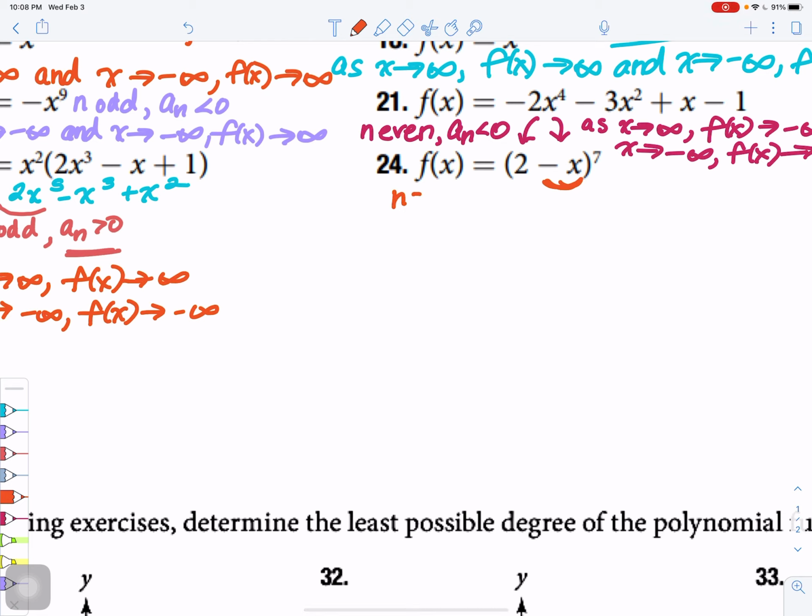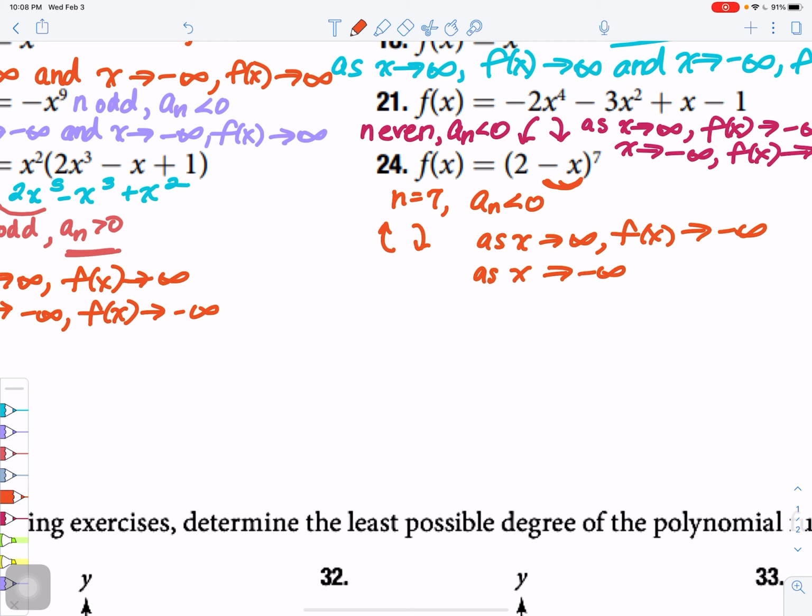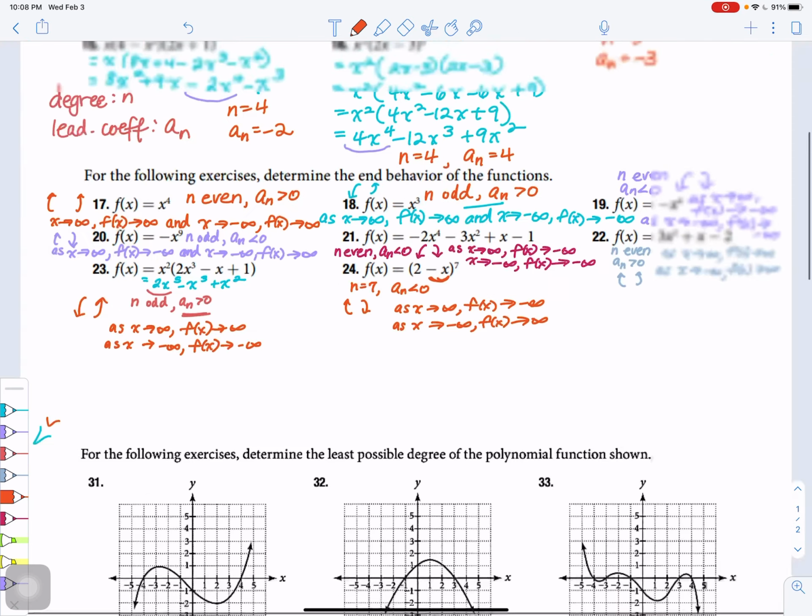So the degree is 7 and the leading coefficient is negative. So we have the left end up and the right end down, like a line with negative slope. That's what the ends behave like. So as x approaches positive infinity, f of x approaches negative infinity, and as x approaches negative infinity, the y values are approaching positive infinity.